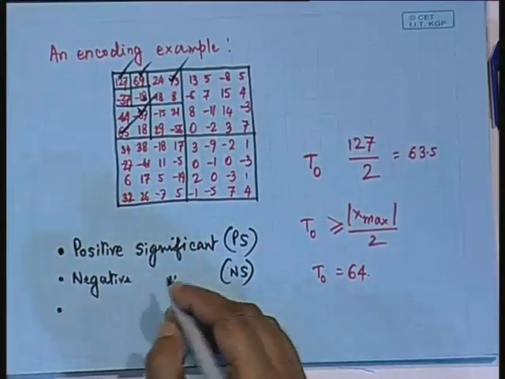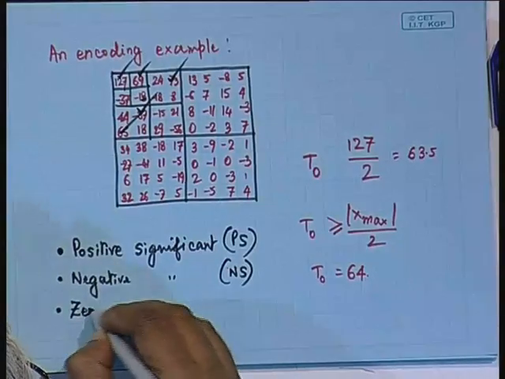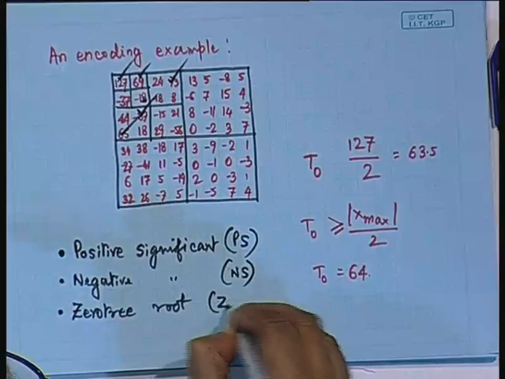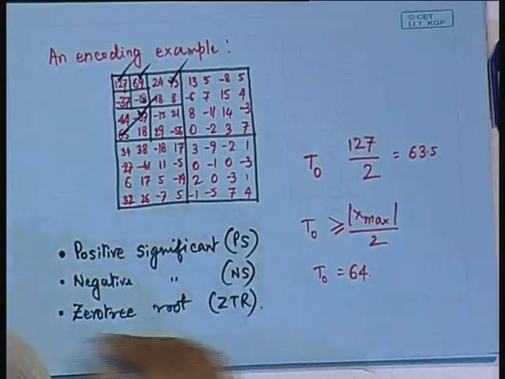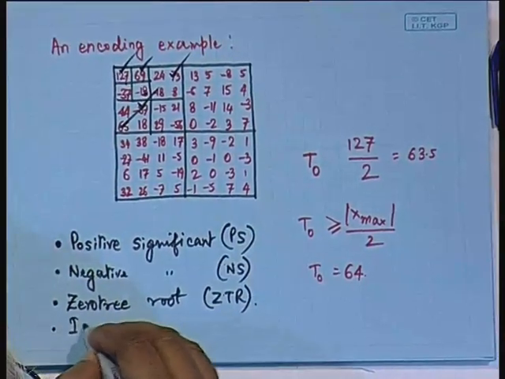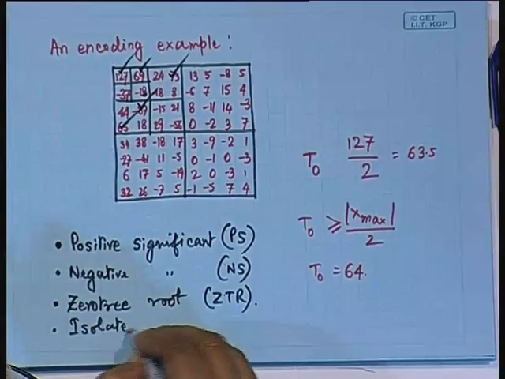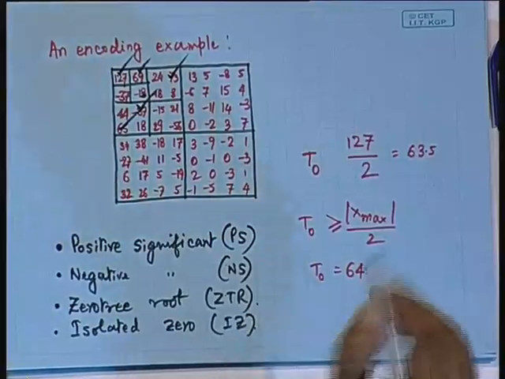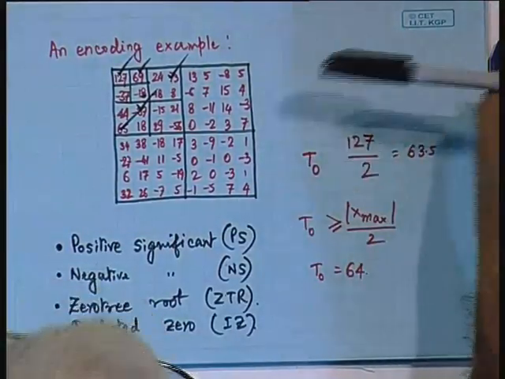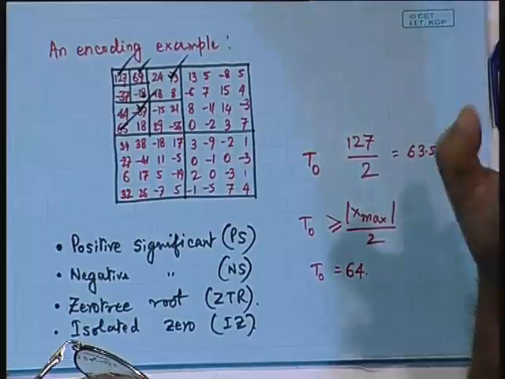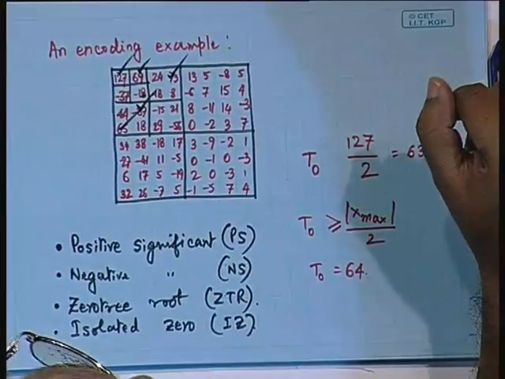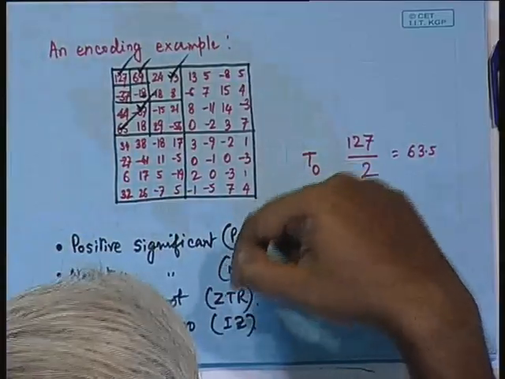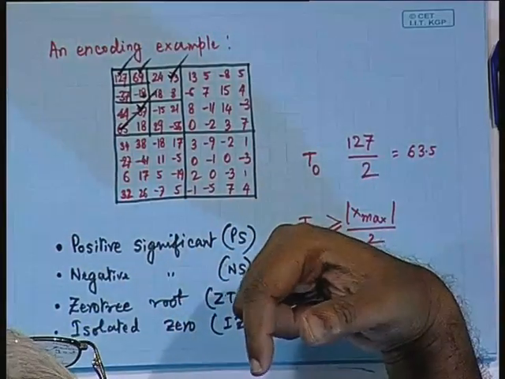This could be 0 tree root, ZTR, let us call, and it could be isolated zeros, IZ. So, whenever we are encoding the coefficients, every coefficient, we have to remember that we have to encode the coefficient in one of these 4 categories.